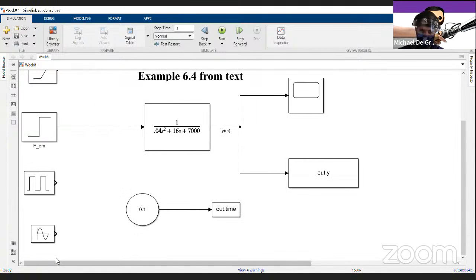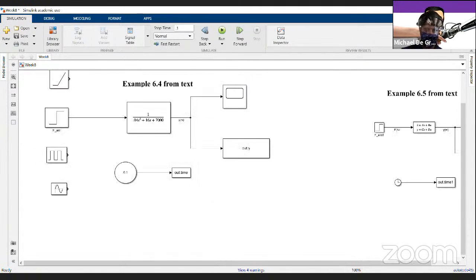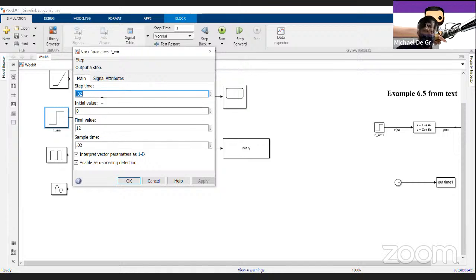This is the one that we did in class on Thursday, this model on the left. You can see we have our transfer function there. We have all manner of step inputs and other types of inputs that we can test. Remember, our step input has 0.02 as my step time, 0 as my initial value, and my final value is 12. That's all well and good.